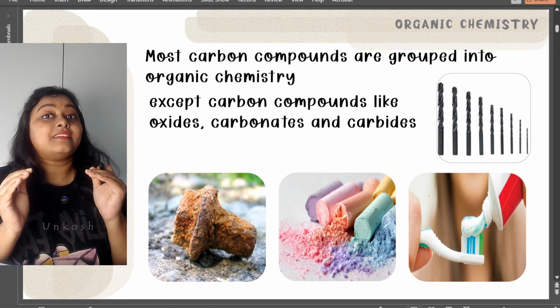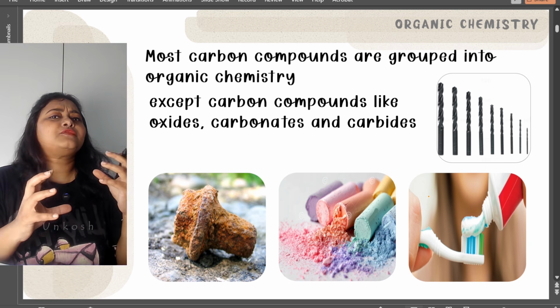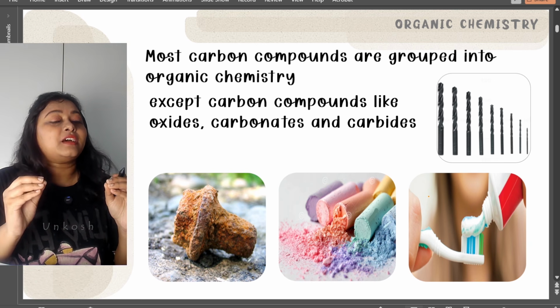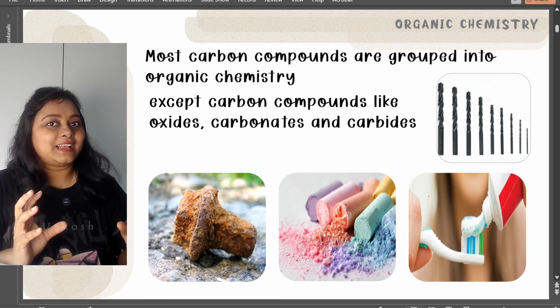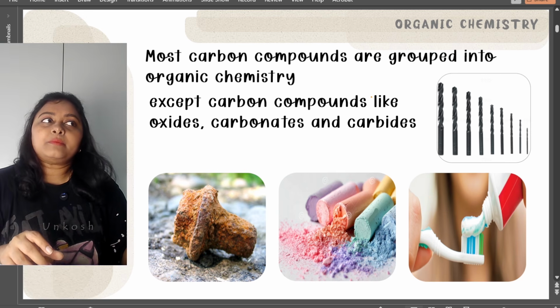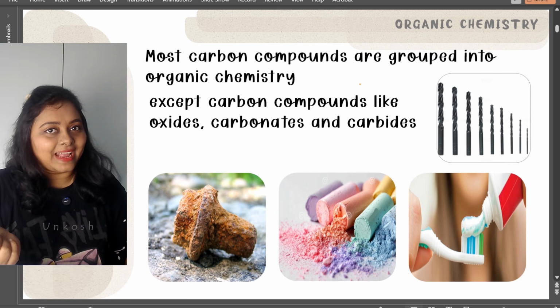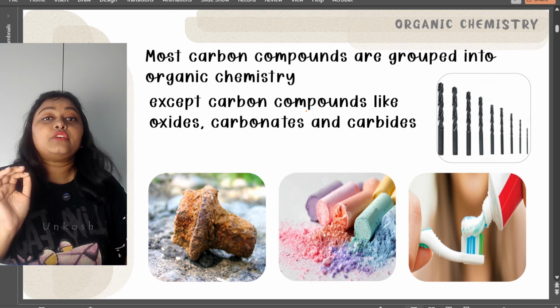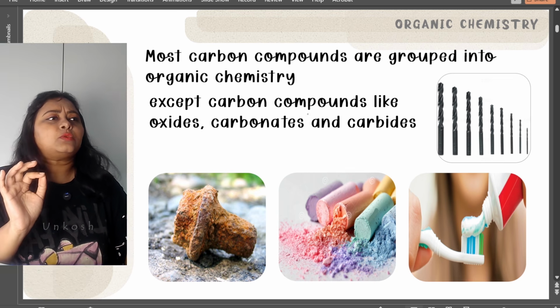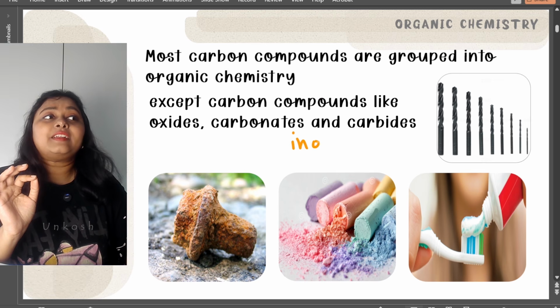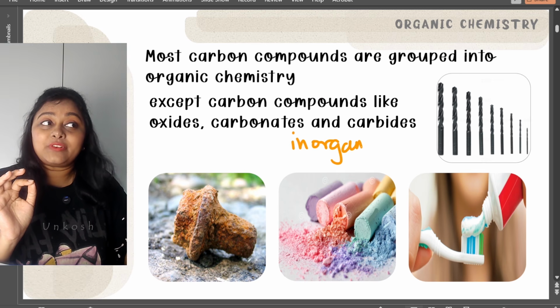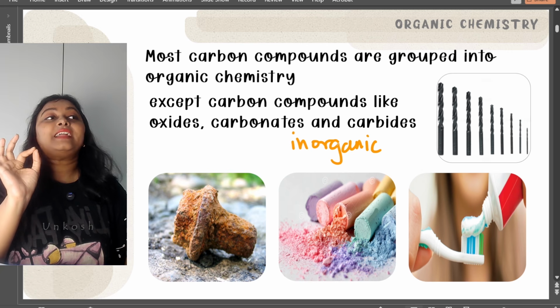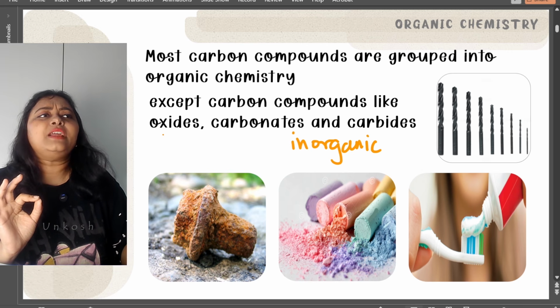But before getting into that topic, let us first understand a little bit about inorganic substances as well. Most of the carbon compounds are grouped under organic chemistry. However, there are certain carbon compounds which are not organic. So they would be inorganic in nature, right? And these inorganic carbon compounds are mainly oxides.